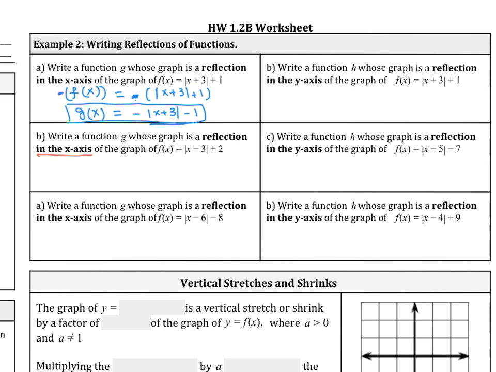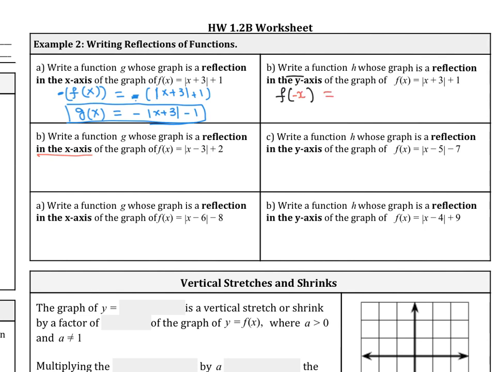For example 2, letter B, write a function h whose graph is a reflection over the y-axis. If you want to find the reflection over the y-axis, then you multiply the inside x by -1. So only the inside x is multiplied by negative.